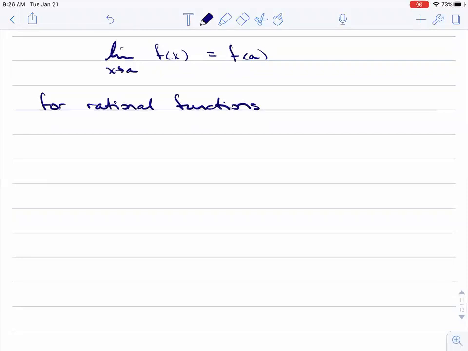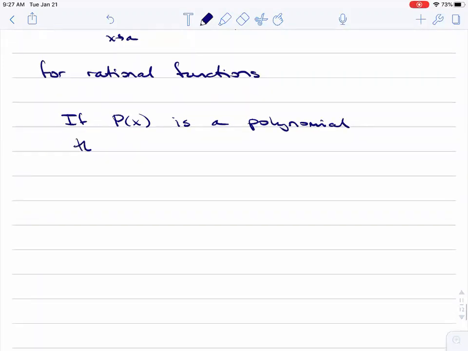And so what we can say is that if p of x is a polynomial, then the limit as x approaches a of p of x is p of a.